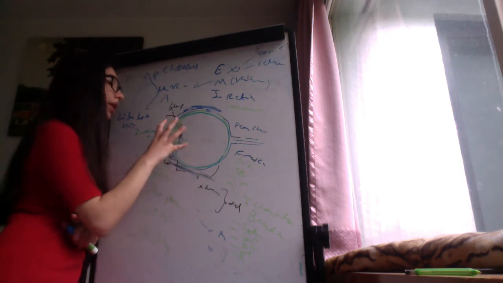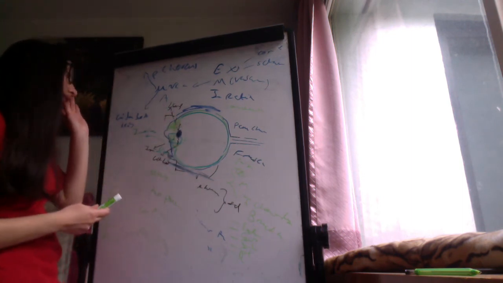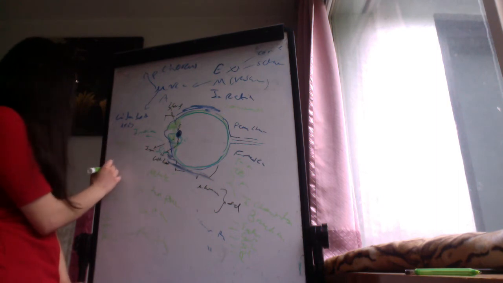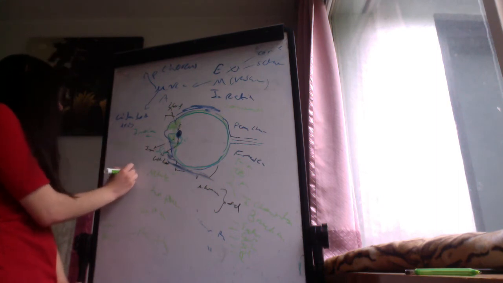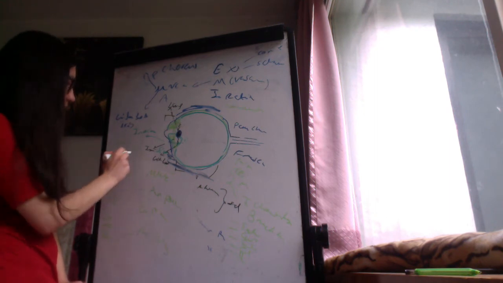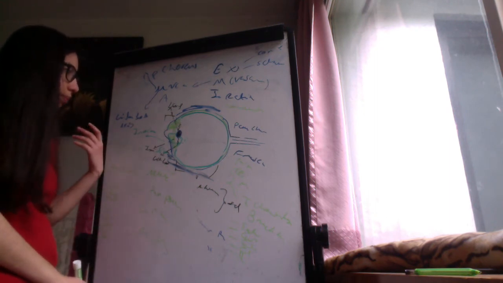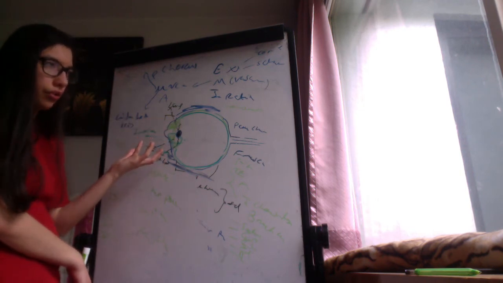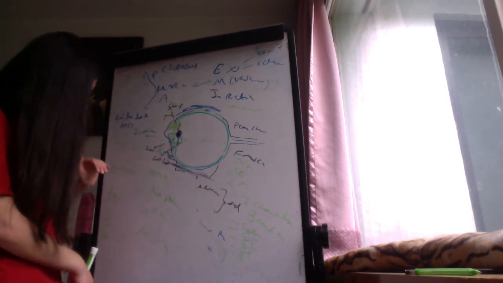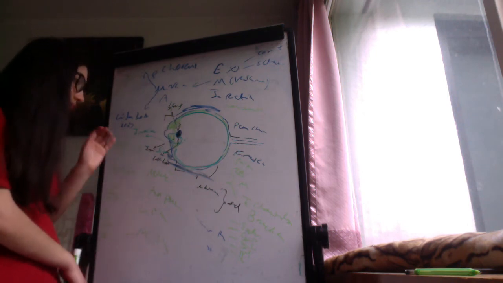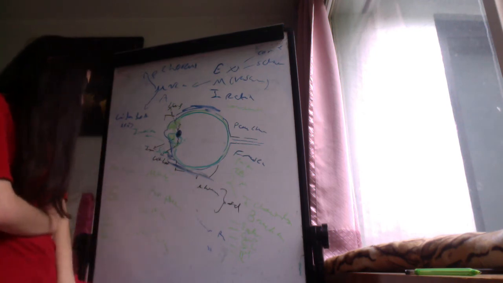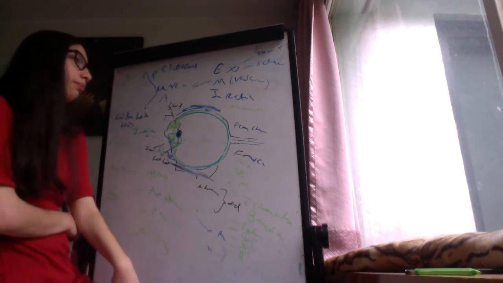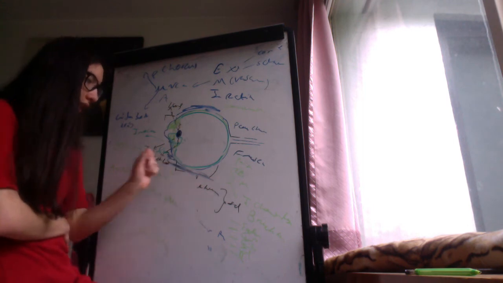Now let's go to the iris. The iris has a posterior epithelium and an anterior myoepithelial cells. So the posterior epithelium is the posterior pigmented epithelium and is the main pigment of the iris, and this would be continuous with the pigmented epithelium of the ciliary body, and then would be continuous with the pigmented epithelium of the retina.